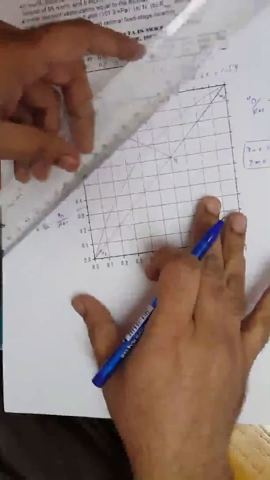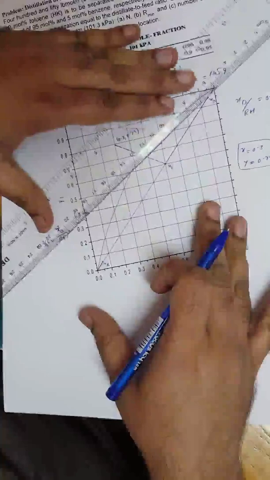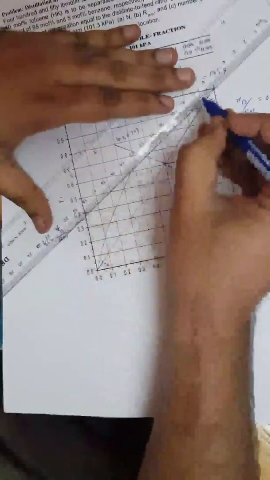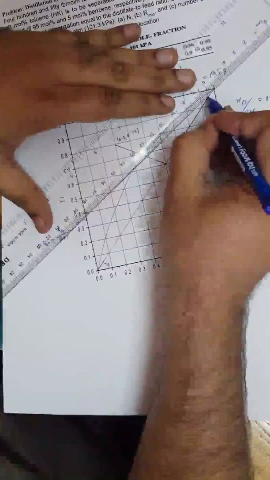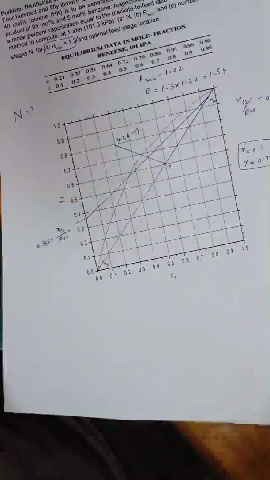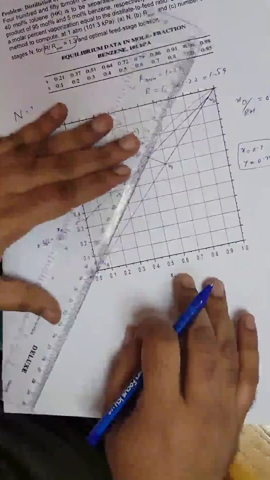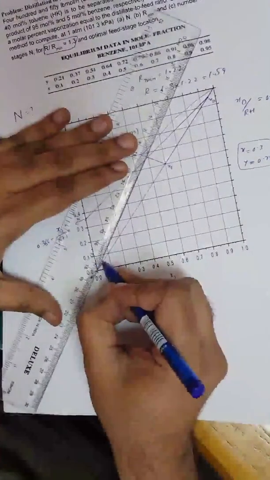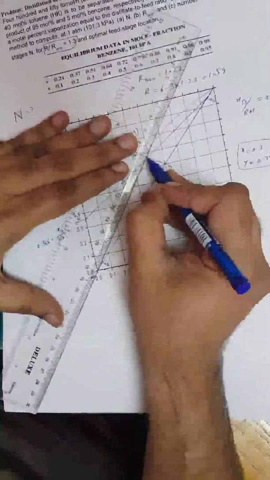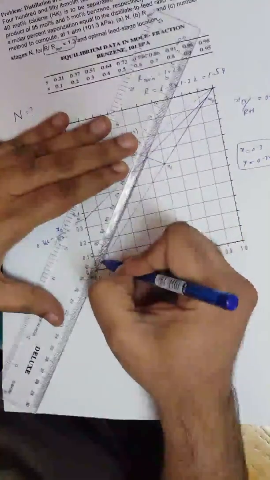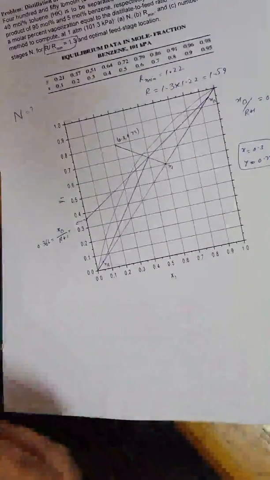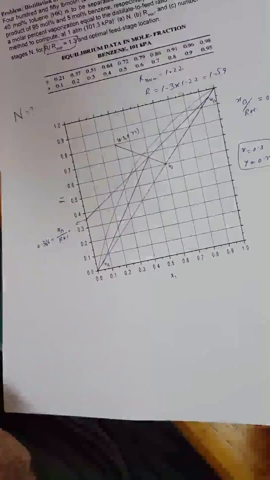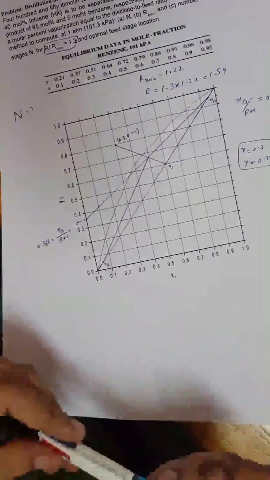So we need to draw a line from xd until xd over R plus 1. And after that, we need to get the stripping line. Okay, then we need to draw the stages.